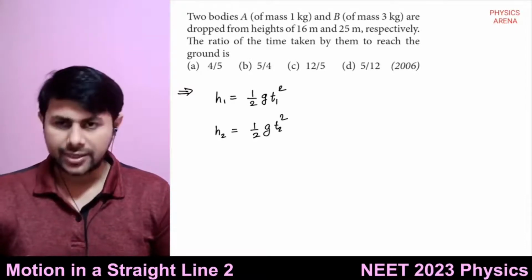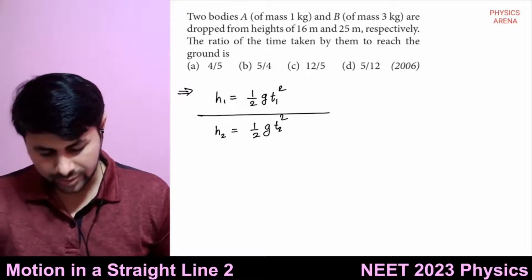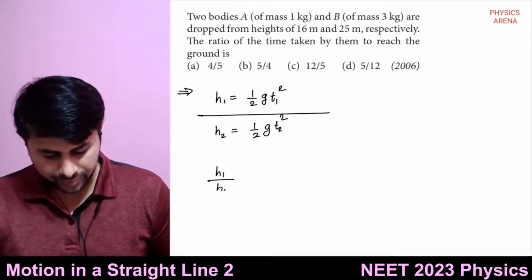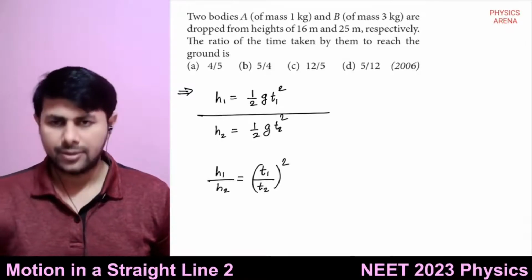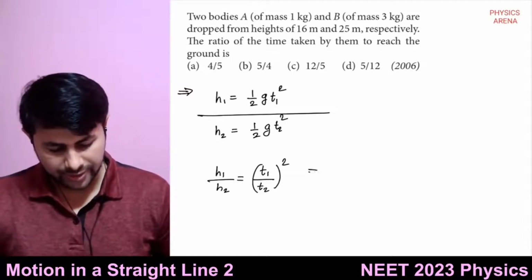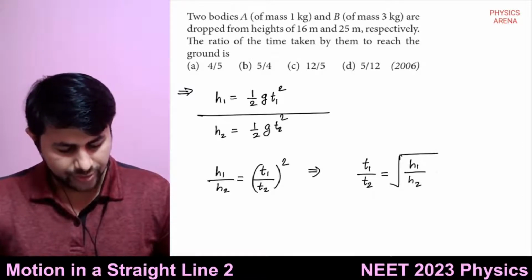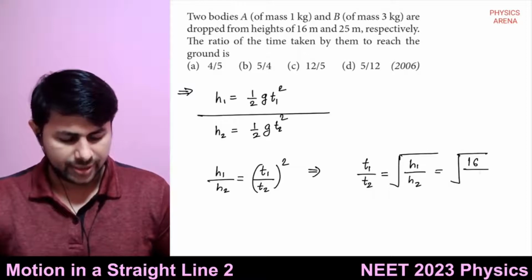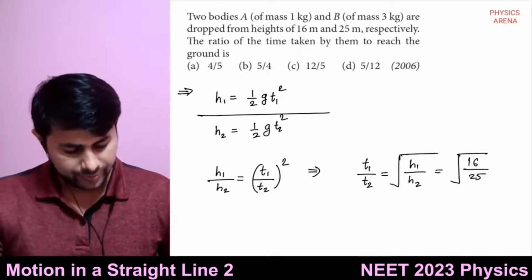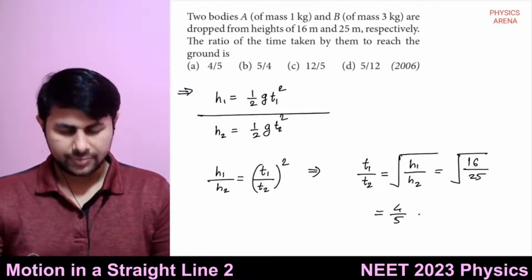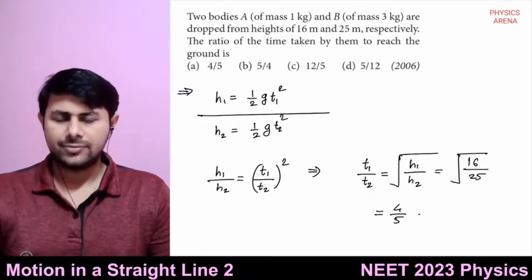So you can take the ratio of these two. h1 upon h2 will give me t1 by t2 square, and then I will take square root on both sides. So t1 divided by t2 is square root of h1 upon h2, and that is 16 divided by 25. So it is 4 by 5. 4 by 5 is the answer. Simple.